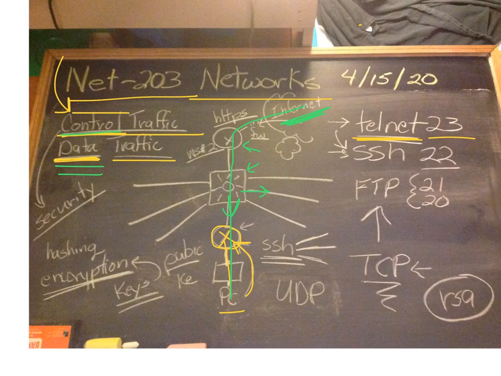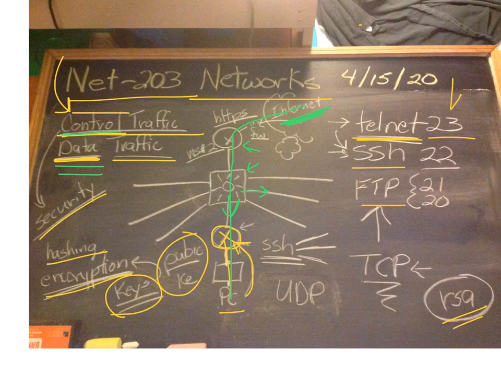We talked a little bit about security in this. And so we talked about hashing, passwords and encryption, having keys for encryption, and we talked about private and public key encryption. RSA would be an example. We did a little bit of review. We talked about protocols and their port numbers.